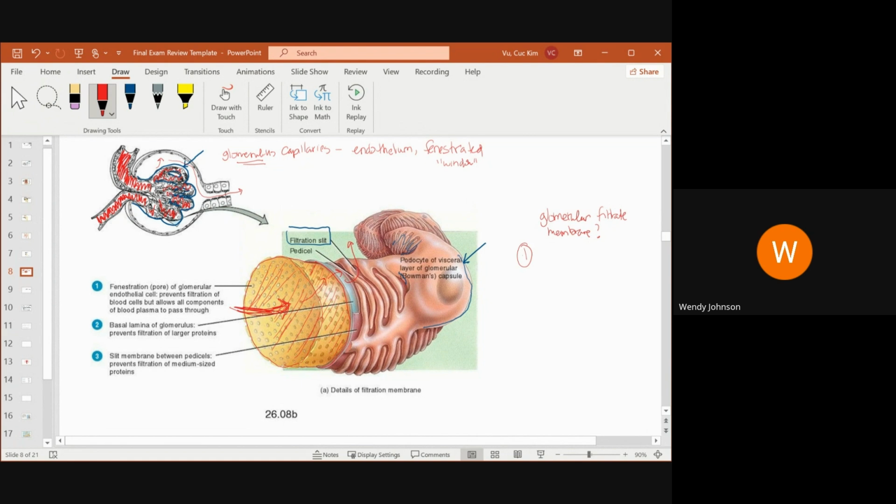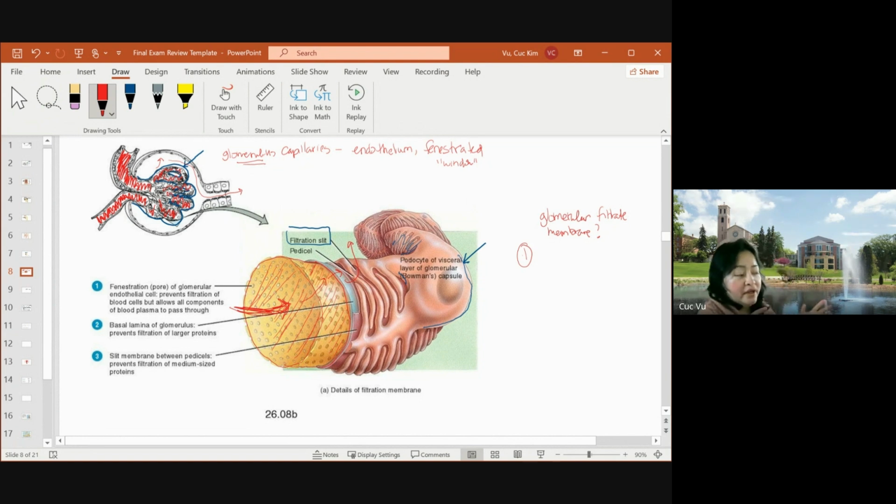Is it the afferent arteriole? Exchange doesn't occur in the arterioles. Where does exchange occur? Capillaries. Yes. So the first part is the glomerulus itself.